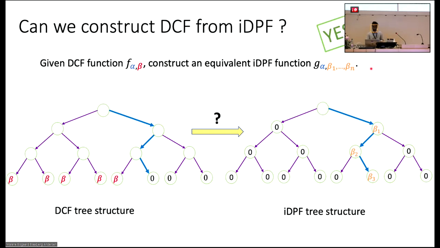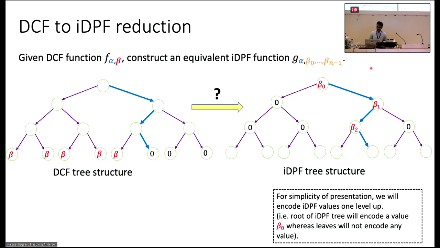We show that this indeed can be done. For simplicity of presentation, we will encode the beta values in the iDPF tree 1 level up, and this follows generically from the existing iDPF construction. So here you can see that the root has a beta value and leaves have no values encoded.